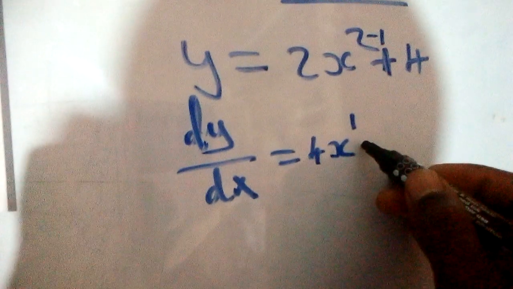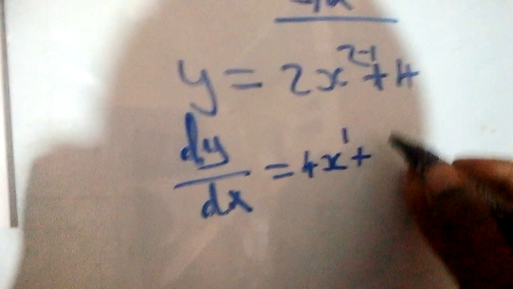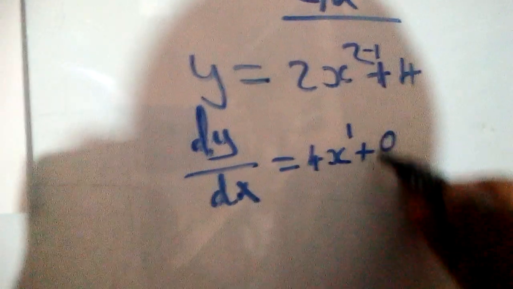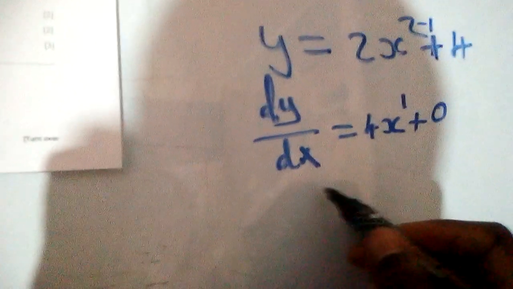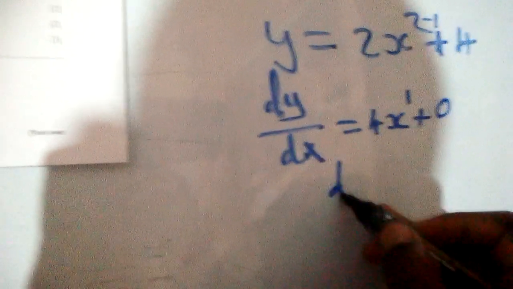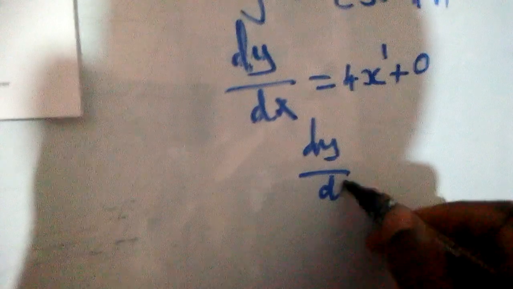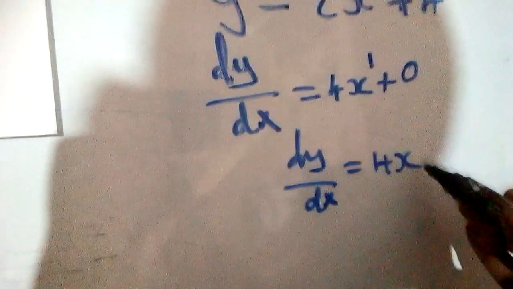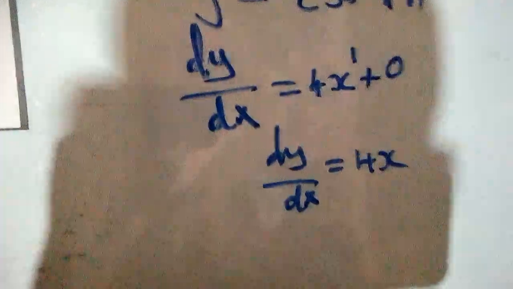Then plus, if you differentiate a constant you always get 0. Then you simplify, we're going to have dy/dx equals 4x plus 0, which is just 4x.